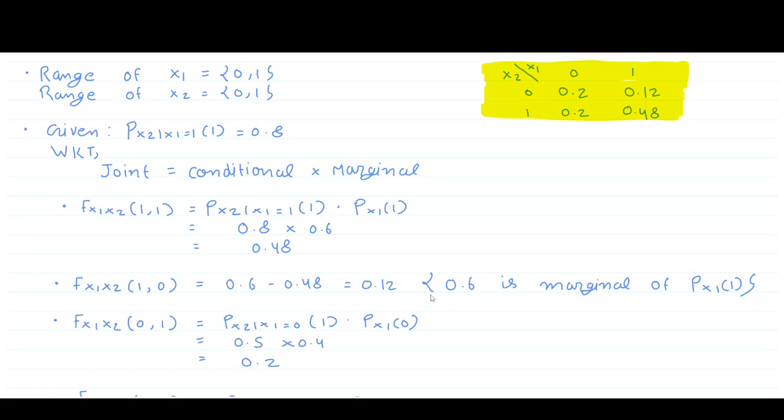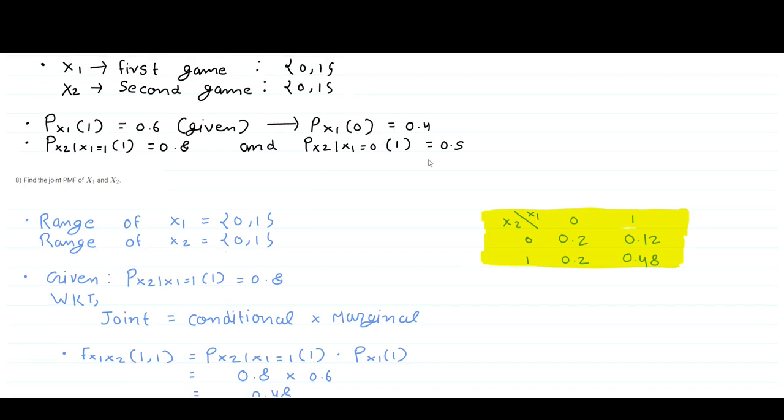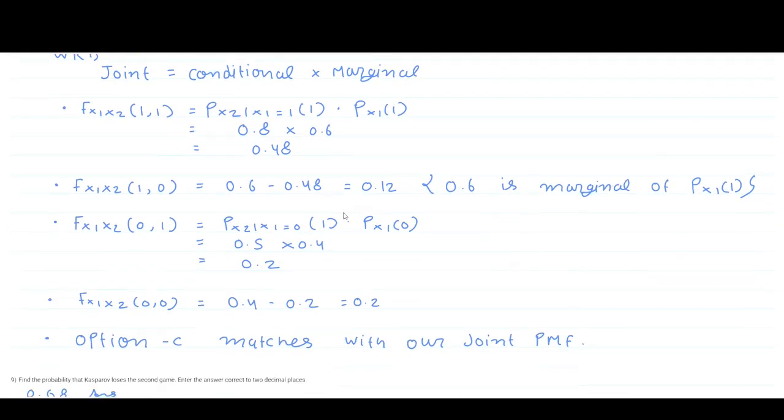Now, let us use the second conditional probability that is given: the probability that Anand wins the second game given that he lost the first is 0.5. Let us find the joint PMF at (0, 1), which is equal to the probability that Anand wins the second game given that he lost the first times the probability of X1 equal to 0, which is 0.5 times 0.4, equal to 0.2.